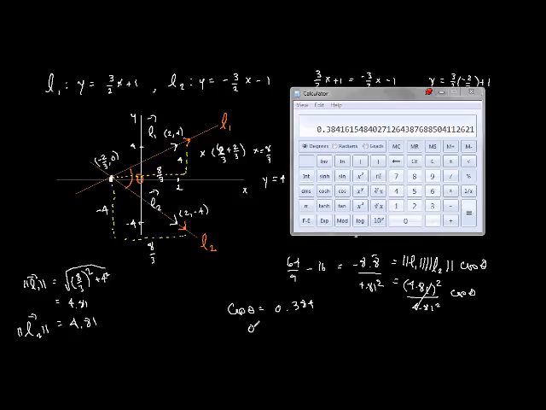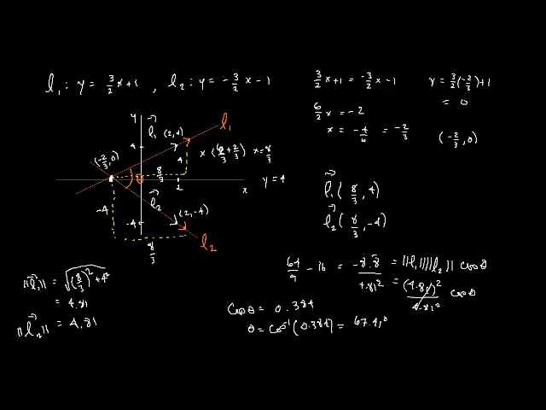Now if I want theta, I have to take the cosine inverse of negative 0.384, and on the calculator that gives me 67.41 degrees. So this theta, this angle over here, I'll write it in blue, this angle here is 67.41 degrees.